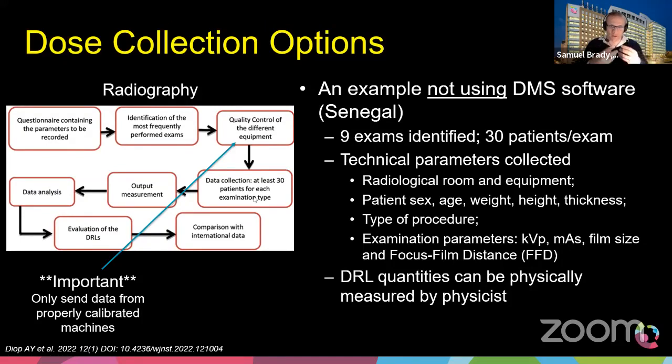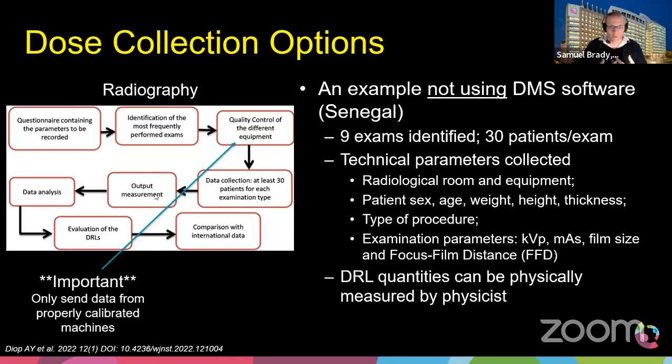A DMS system would already automatically collect all of these dose metrics, and it already has it there in the software. But for those that don't have them, there's an extra step here where you need to take the known quantities, kV, mAs, and you need to physically go to the machine and measure the dose output.